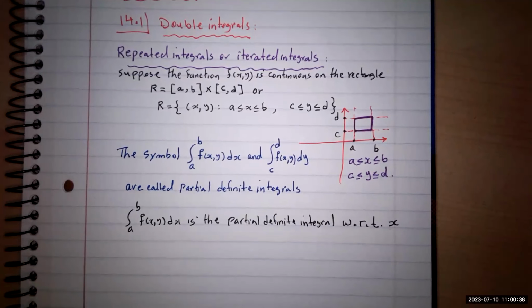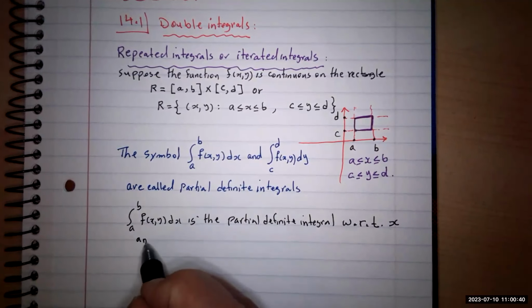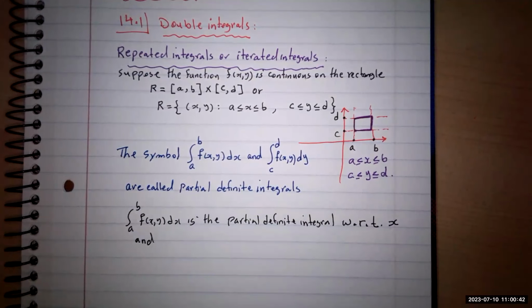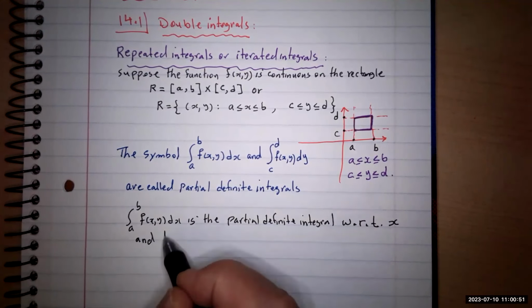If you want to find it, you integrate with respect to x and replace x by a to b. This function would be a function of y, and we can integrate again.